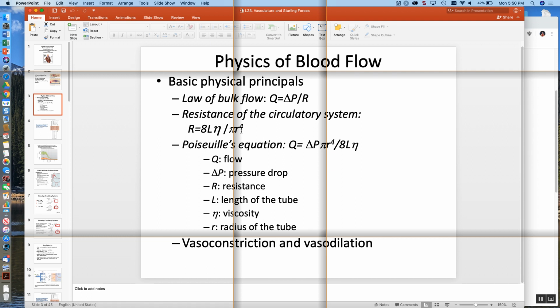Poiseuille's law is given to you, so you don't have to memorize that. You just have to make sure that you can deduce which one is going to have the higher resistance.